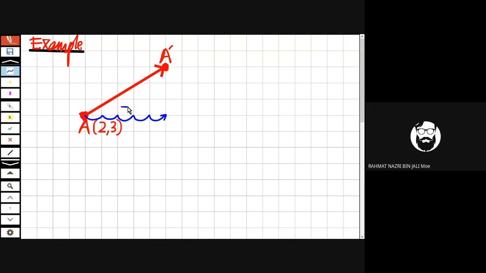Okay, ini positif 5. Kemudian ke atas 1, 2, 3. Ini positif 3.